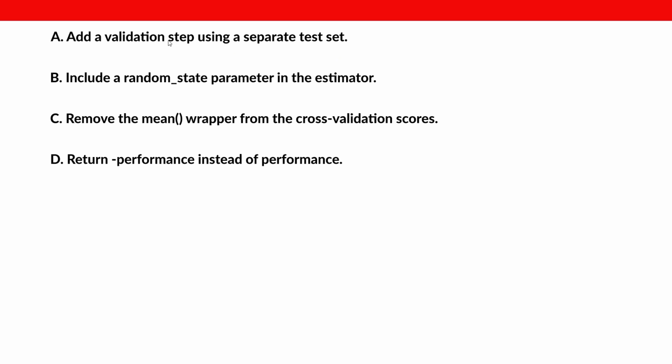Validation helps with evaluation but doesn't fix the optimization direction. It's incorrect. Let's move to option B. B says include a random state parameter in the estimator. Adding random state improves reproducibility, not scoring logic. Wrong answer.